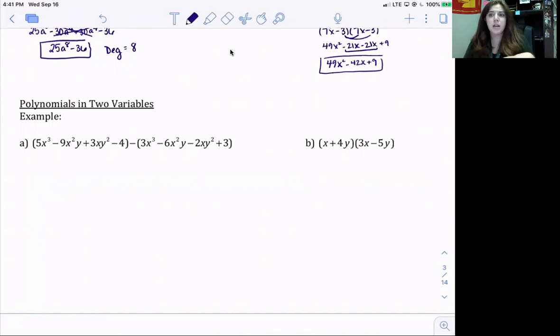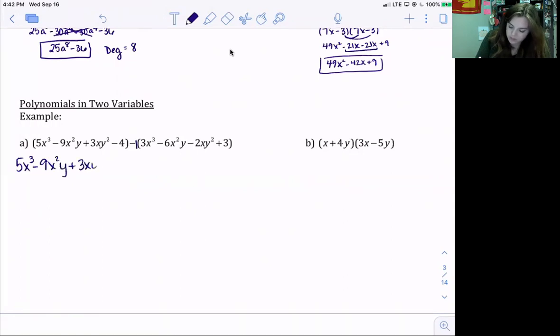So on this subtraction, I'm going to actually go ahead and distribute that negative 1. Okay, so bring down your first term, 5x cubed minus 9x squared y plus 3xy squared minus 4.